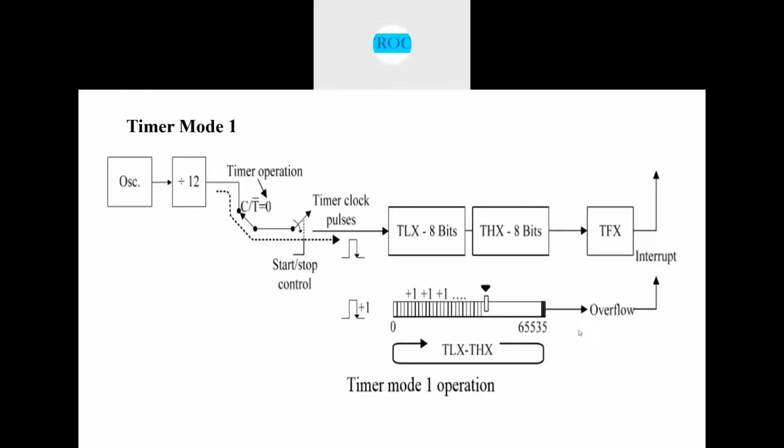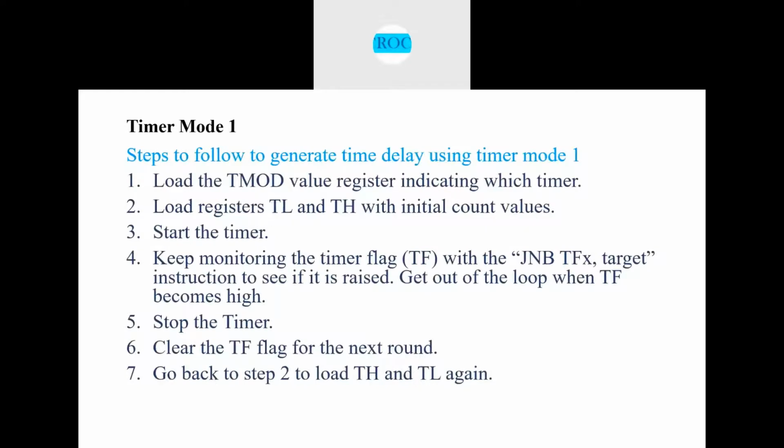It could be timer 0 or timer 1 operating in mode 1 here. Now, how do you generate the time delay using the timers operating in mode 1? If I want to have some delay, how do you generate that time delay using this timer mode?